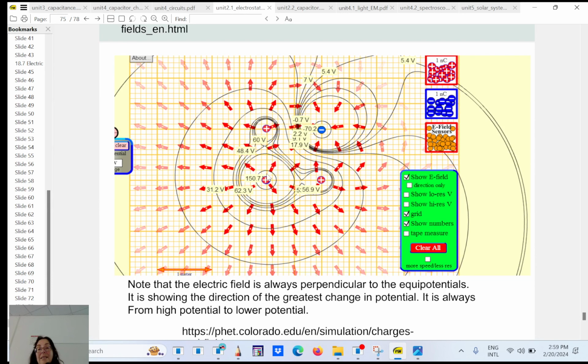And you see that the electric field is always showing you the way for the potential to decrease the fastest, okay, go this way. So it's very much like a mountain or a hill. The water will go down the steepest slope. So kind of the same thing.